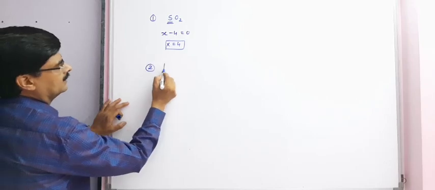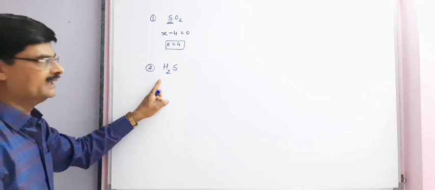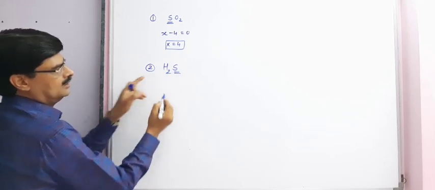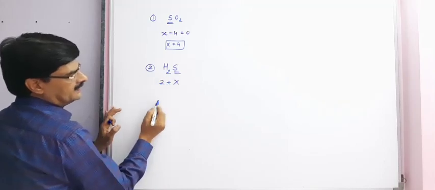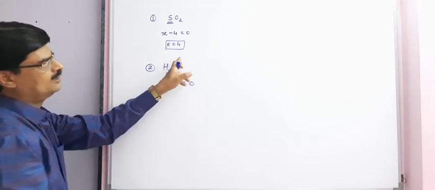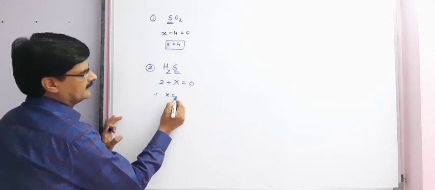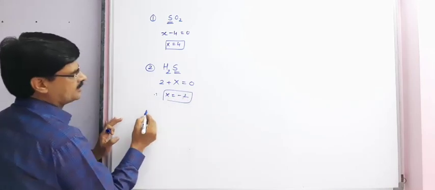Second example, H2S, hydrogen sulfide. Taking the oxidation state of hydrogen to be 1, we get 2. For sulfur, X, there is no charge on the compound, so 0. Therefore, X is equal to -2.